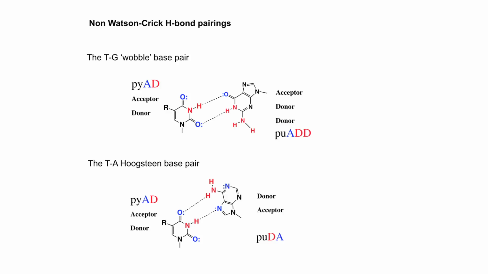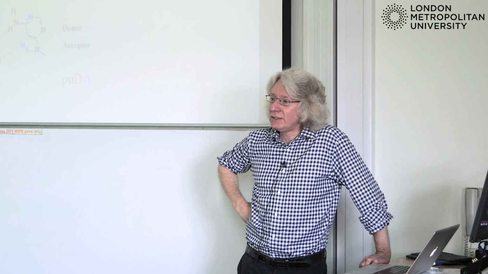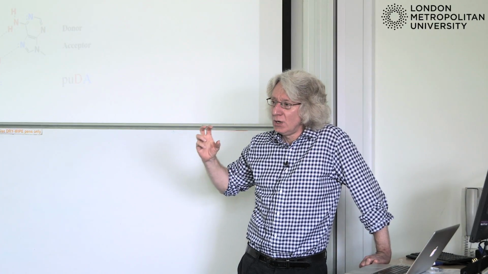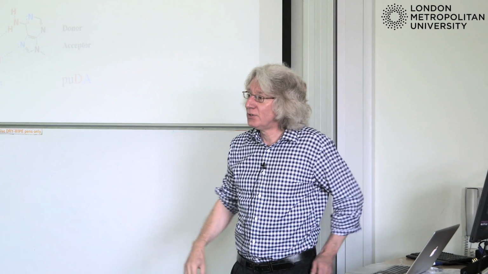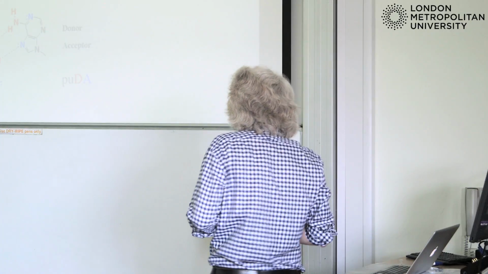So it's a so-called T/U-G wobble base pair. And then if you turn A around, flip it over, it forms a so-called Hoogsteen base pair, which is quite distinct. It's still held together by two hydrogen bonds, but it's different to the standard Watson-Crick interaction, which you see in duplex DNA.